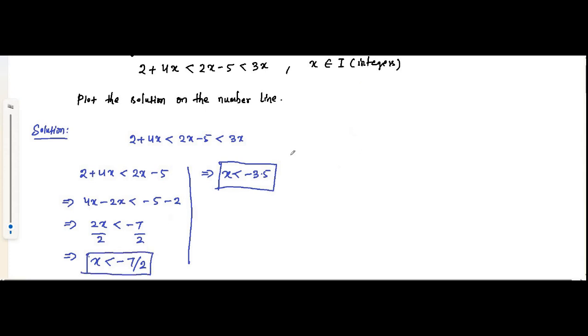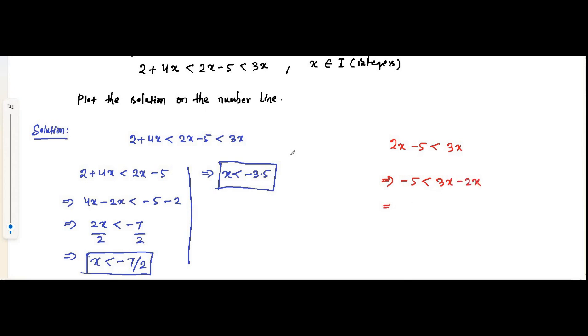The second part is 2x minus 5 is lesser than 3x. So here, if we take this 2x to the right hand side, we have minus 5 is lesser than 3x minus 2x.